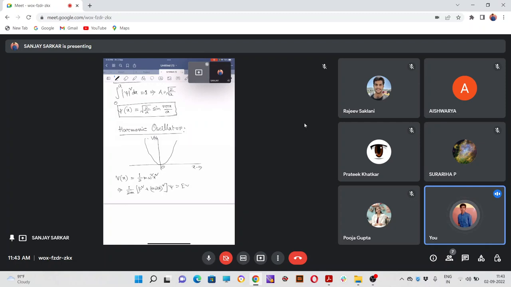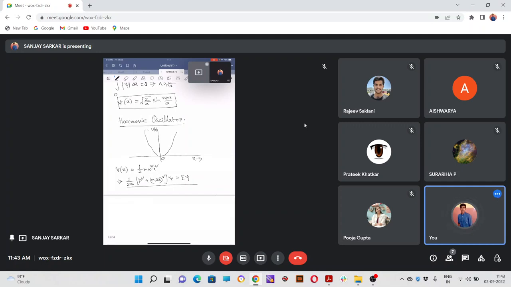We can solve this problem in different ways. One is the algebraic method. To solve by the algebraic method, we will introduce two operators, a plus and a minus.